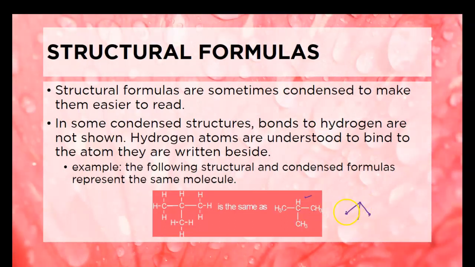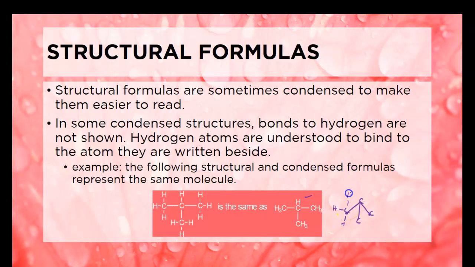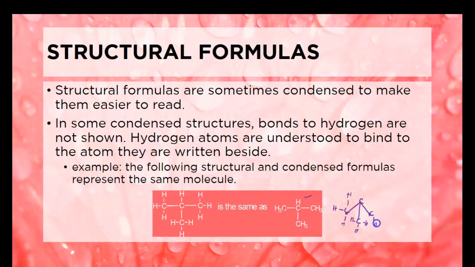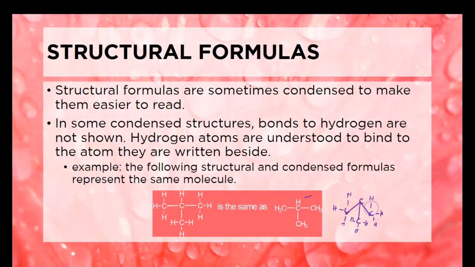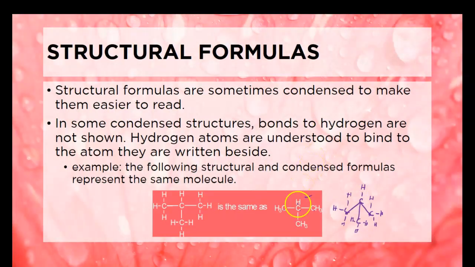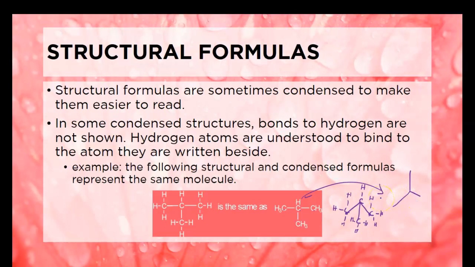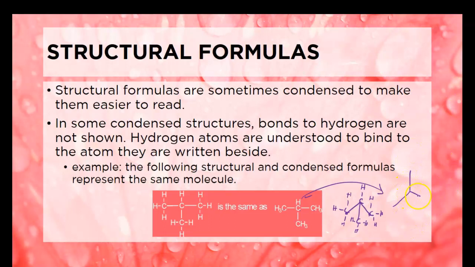Because what I assume is each of these ending points represents a carbon, and then off of each carbon will be enough hydrogens to fill out that structure. So that's assumed in my skeleton structure that each carbon has 4 links to it. But again, this whole structure can just be represented by this, and I can write it in different orientations. I could write it like that. As long as I have those 4 carbons represented, that's what this structure tells me.